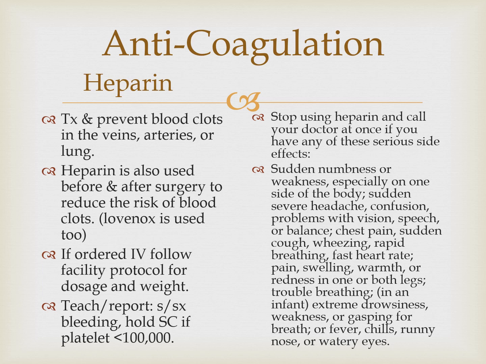We can use heparin before and or after surgery as a preventative measure. But if they're put on IV heparin, it's usually for a clotting disorder. We will also put a patient on heparin if they have recently started with AFib, right? We want to make sure we're using this as a reduction for risk potential.